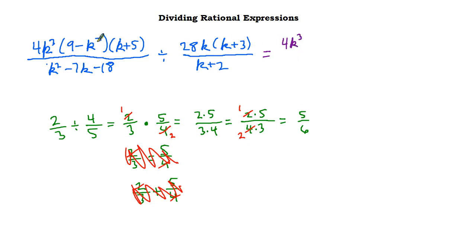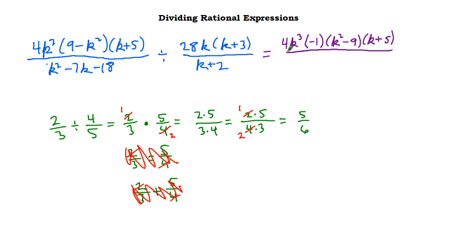This 9 minus k squared, I'm going to factor out a negative 1 and make it into k squared minus 9. Hopefully you can check for yourself that negative 1 times k squared minus 9 is exactly the same as 9 minus k squared. All I did is factor out a negative 1. And then we'll leave the k plus 5.